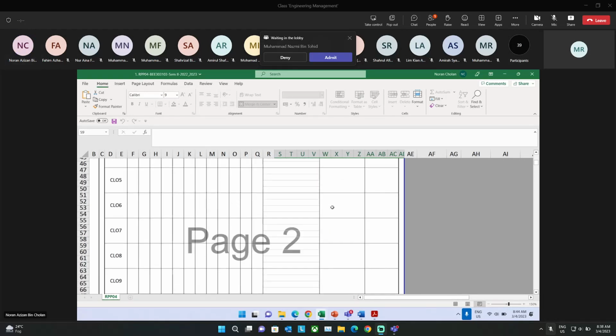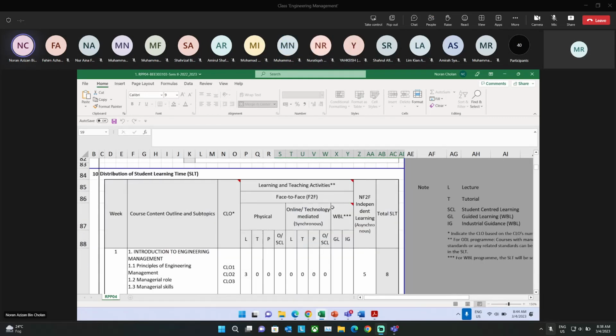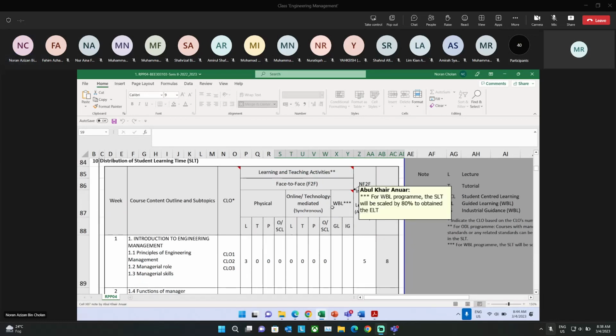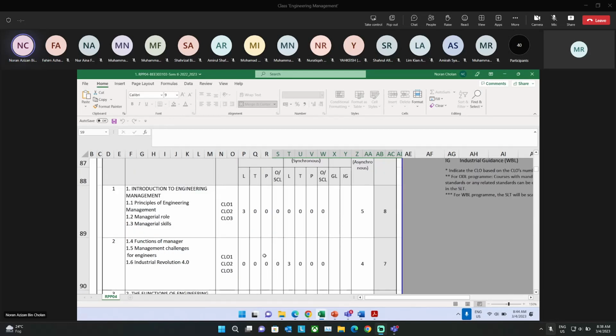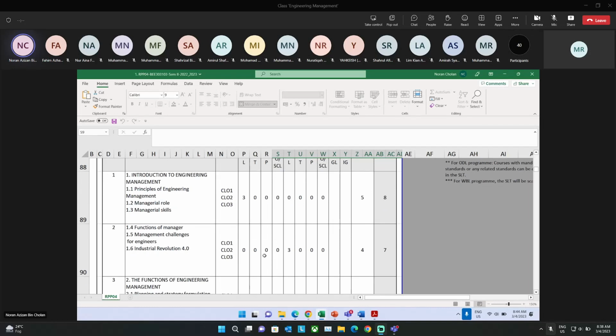We go to the course content. Basically we have six chapters, and we have 14 weeks, so we will cover all 6 chapters within 14 weeks. Chapter 1 is about the introduction to engineering management, which we are going to cover this week.